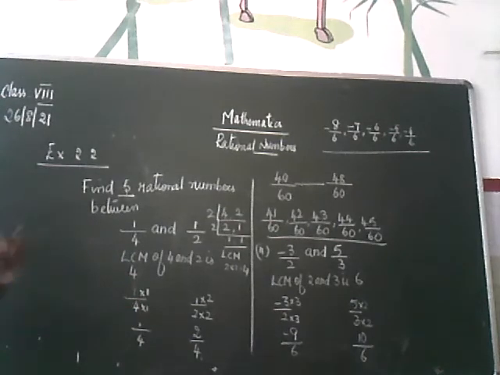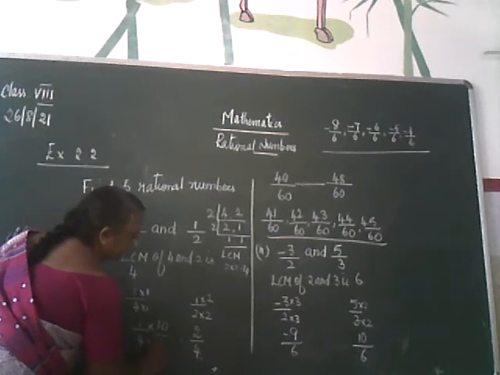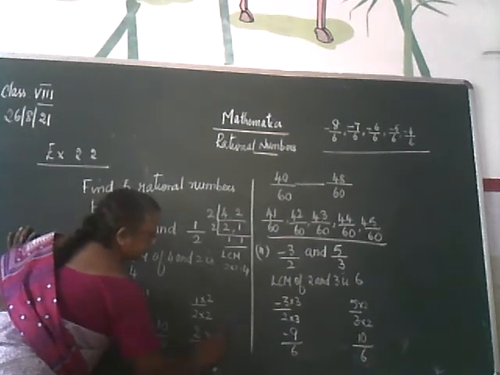Can I get 5? No. So, if you want, you can multiply both numerator as well as the denominator by the same number. If you multiply 5, 6, 7, 8, 9, whichever is easy, you can multiply. See, always multiplying by 10 will be easy, isn't it?